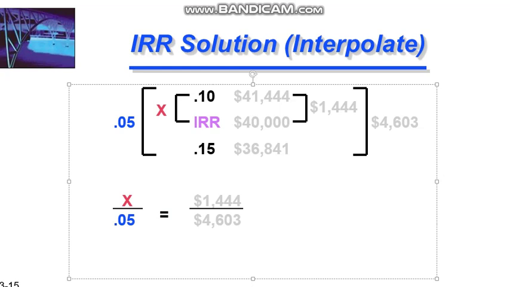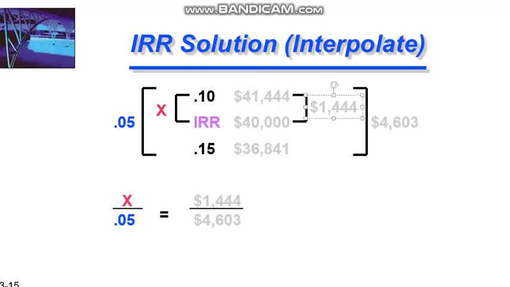Okay, so now what we are going to do, we consider the difference between 10% and IRR, that is X. Okay, that is X. And on the other hand, we calculate the difference between 41,444 and 40,000, that is $1,444, right?